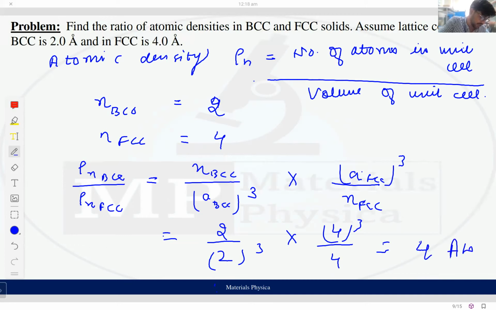So the ratio of the atomic density in BCC and FCC solids is 4. So the BCC structure is more dense than the FCC solid for this question.